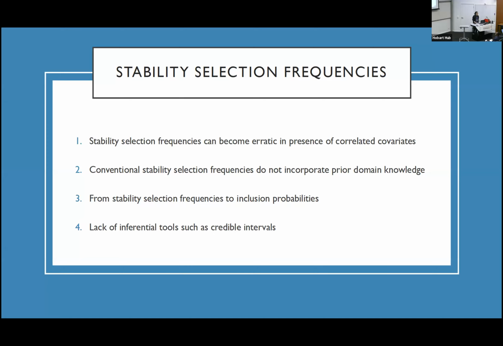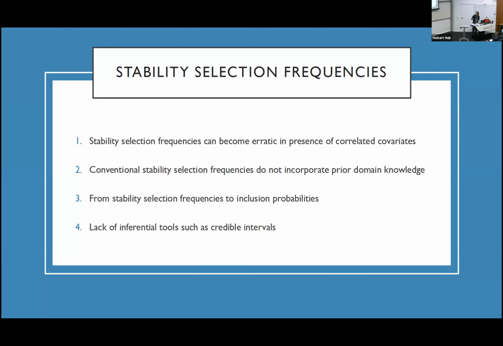For example, we show that these selection frequencies can become erratic and unreliable in the presence of highly correlated covariates, such as in biological data sets. And conventional stability selection frequencies do not incorporate prior domain knowledge.